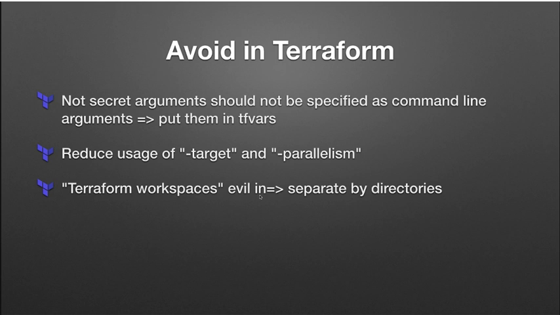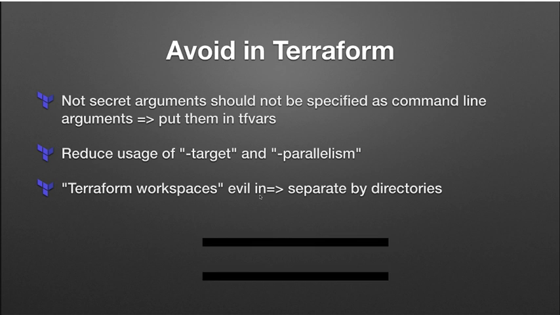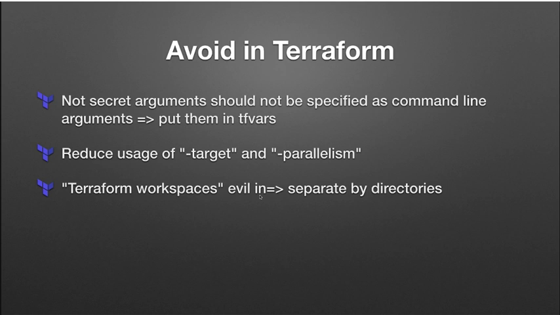And also, what version of the staging environment did you deploy? You cannot answer these kinds of questions just by looking into the code. You have to do terraform workspace select for this environment, then terraform show to show the state file. So you have to do a lot of operations to get information out of it.